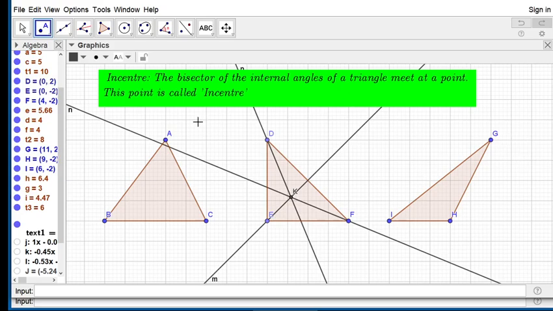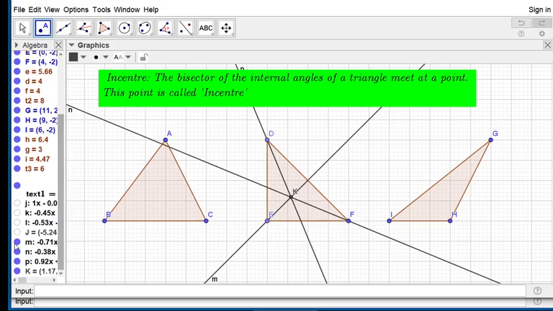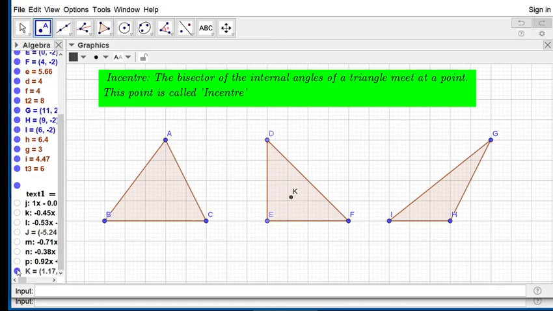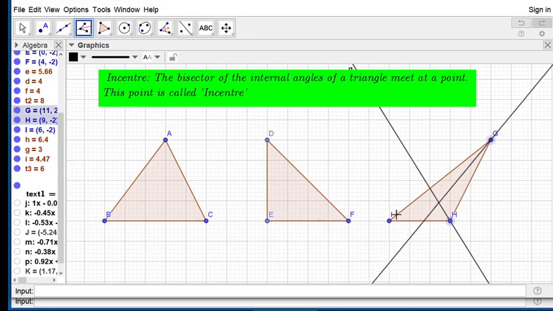Now moving to the last triangle, that is the obtuse angle triangle. Let me check the angle bisector of H first, then H, G, I second, then G, I, and H second.